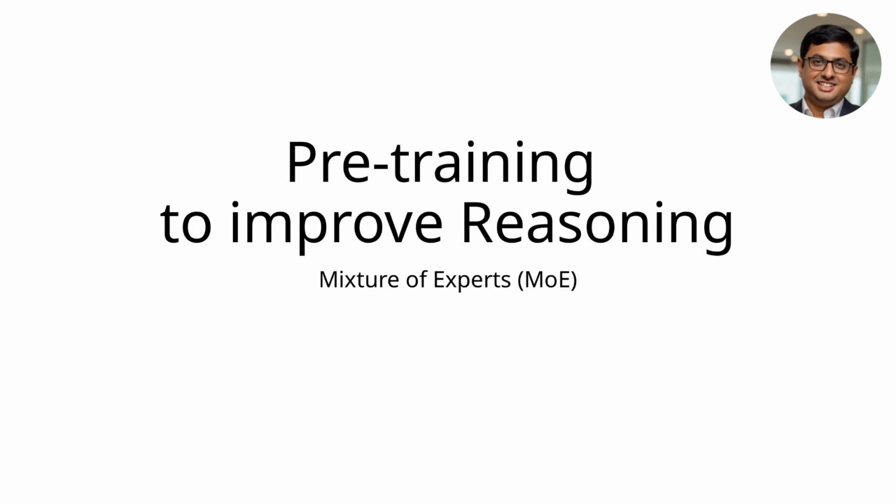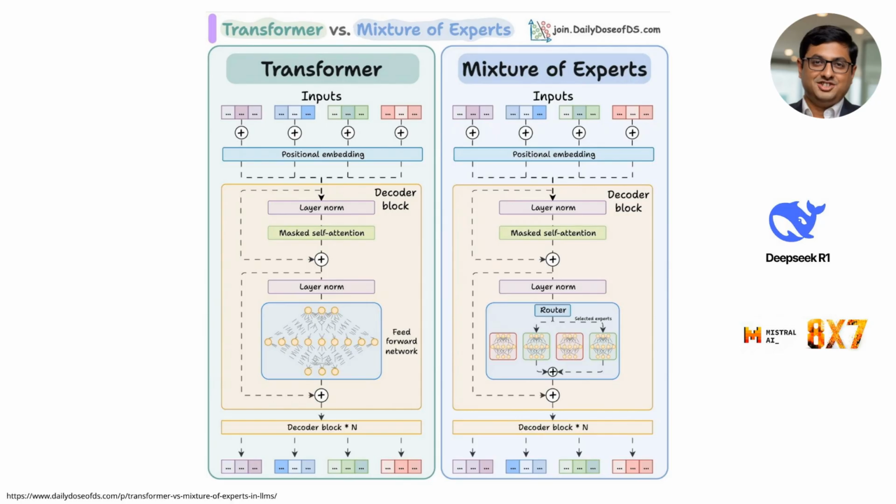Let us now briefly discuss the mixture of experts model, MOE, at a very high level. So what is an MOE model? Mixture of experts, or MOE, is a widely used architecture that enhances transformer models by leveraging multiple specialized experts. This diagram illustrates the core differences between standard transformers and MOE architectures. The main distinction lies in the decoder block. A traditional transformer uses a single large feed-forward network in each block.